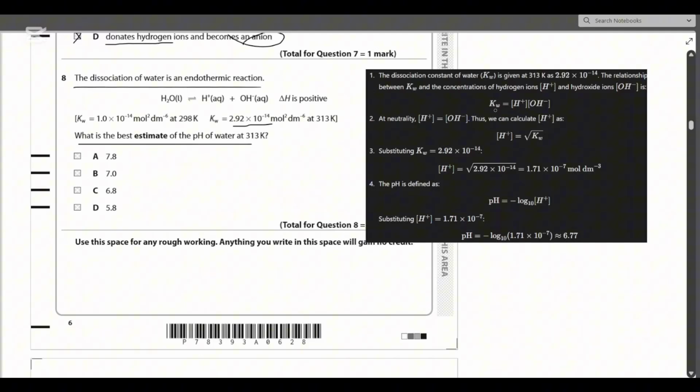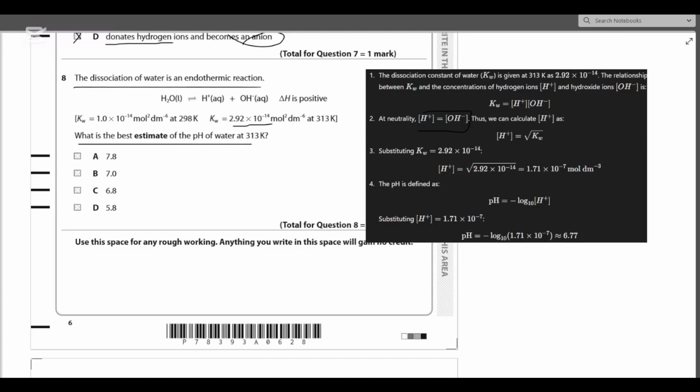Now we can formulate an equation. We all know that the dissociation constant of water is equal to H plus OH minus. We multiply the product of H plus and OH minus concentration, and at neutrality we know that the H plus concentration becomes equal to the OH minus concentration. Then we can easily rearrange the equation and give H plus is equal to root KW.